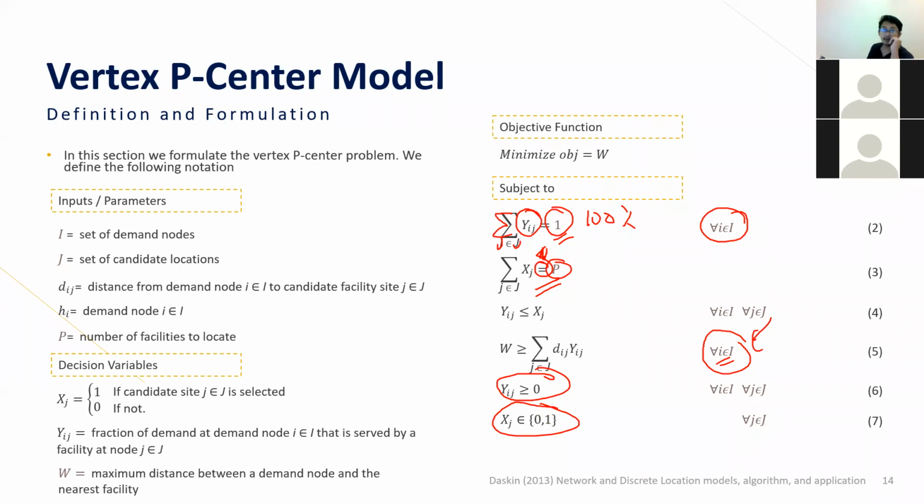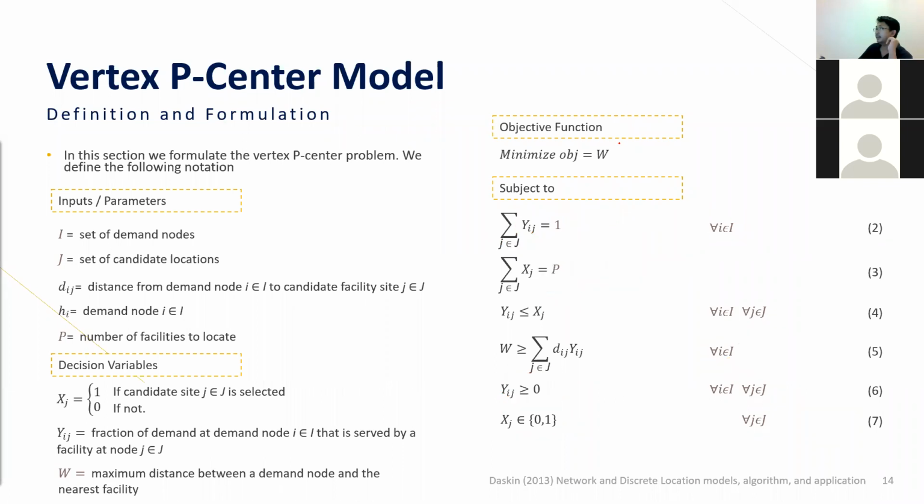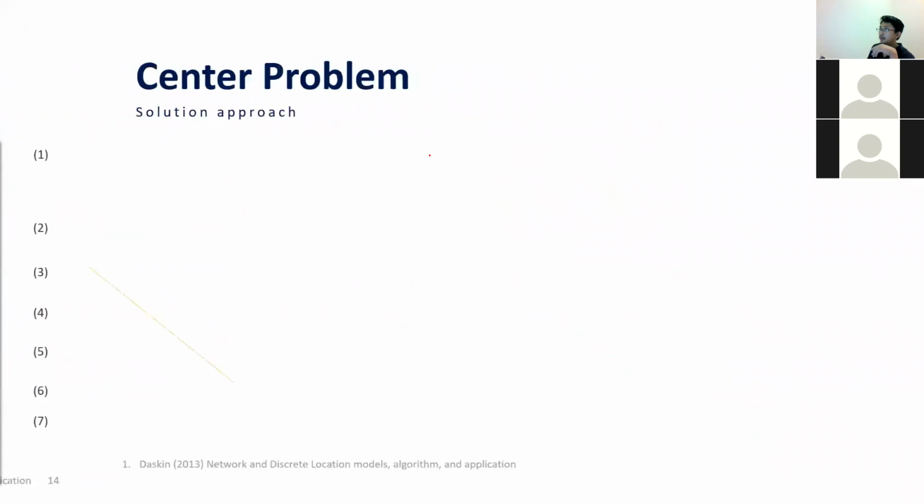Using this formulation, you will be able to get the W. So it will be the minimum farthest distance coverage from the facilities that you selected.